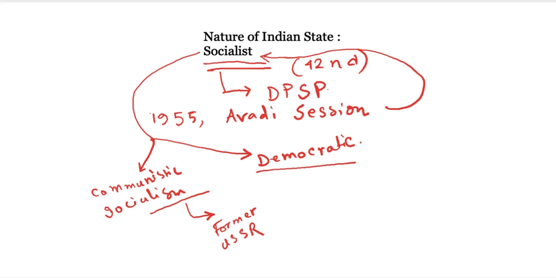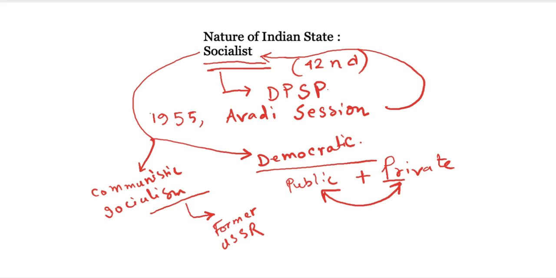In democratic socialism, there will be a public sector, that means the government, and there will be a private sector. The public sector and private sector will work in synergy with each other. This is called democratic socialism.